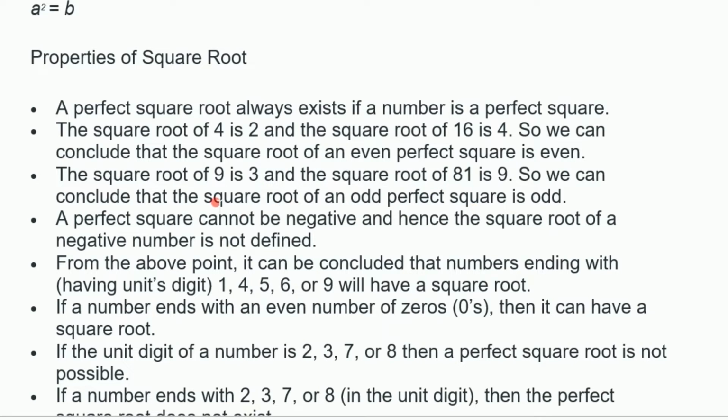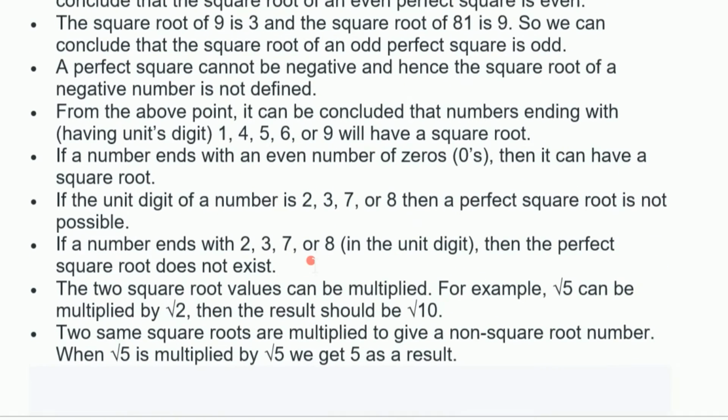So 9 is an odd number, 3 is an odd number, and 81 is an odd number. That means the square root of an odd perfect square is odd. A perfect square cannot be negative, and hence the square root of a negative number is not defined.